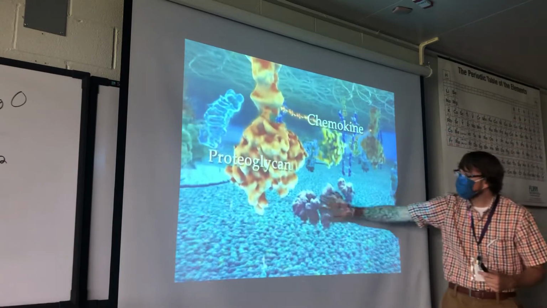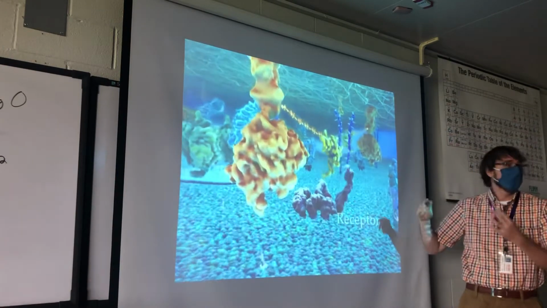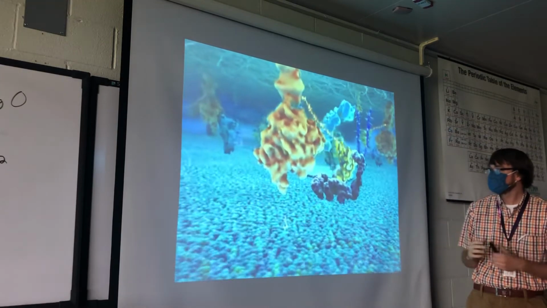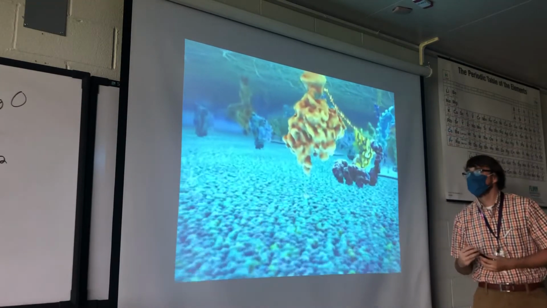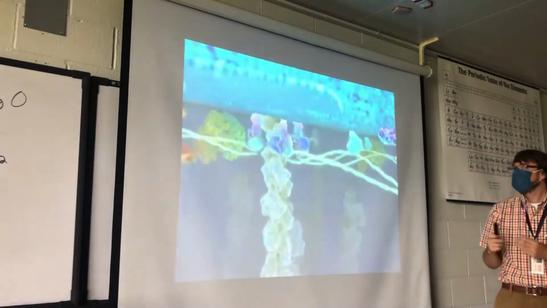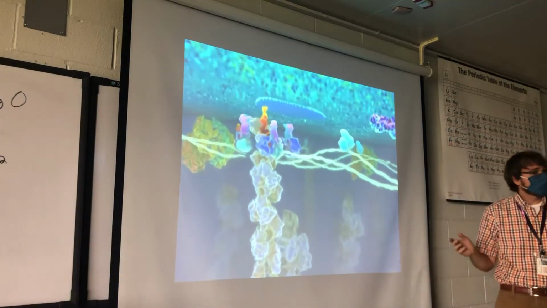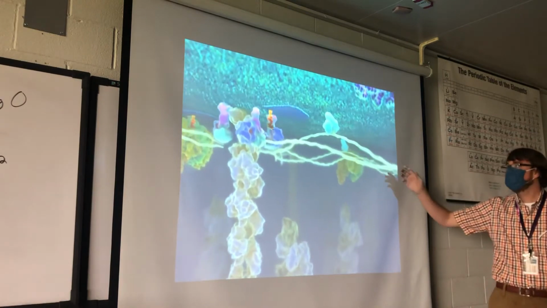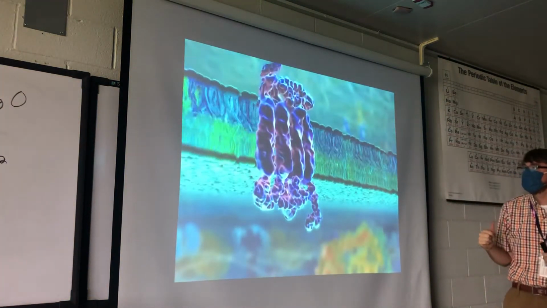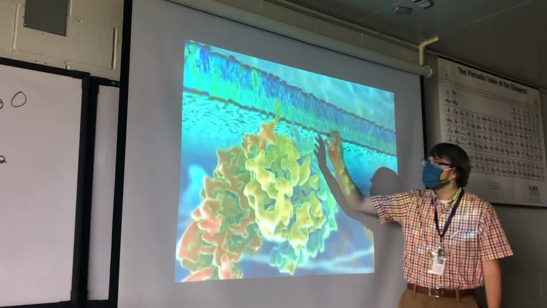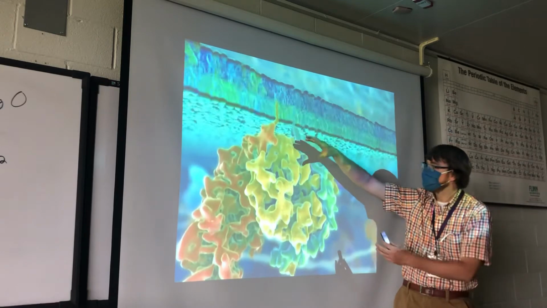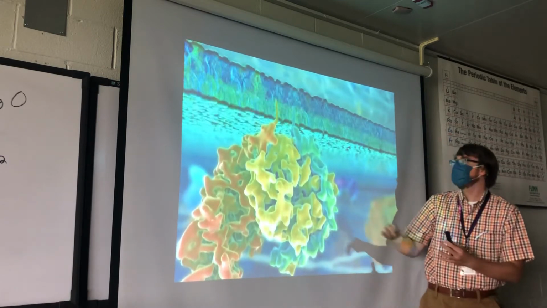The parts that are out in the cytoplasm must be polar because they must dissolve in water. So there's a huge diversity of channels and various molecules that cross the membrane and things that are bound to the membrane. So again, proteins embedded there, the part that's in the membrane must be soluble in fat, the part that's out must be soluble in water.